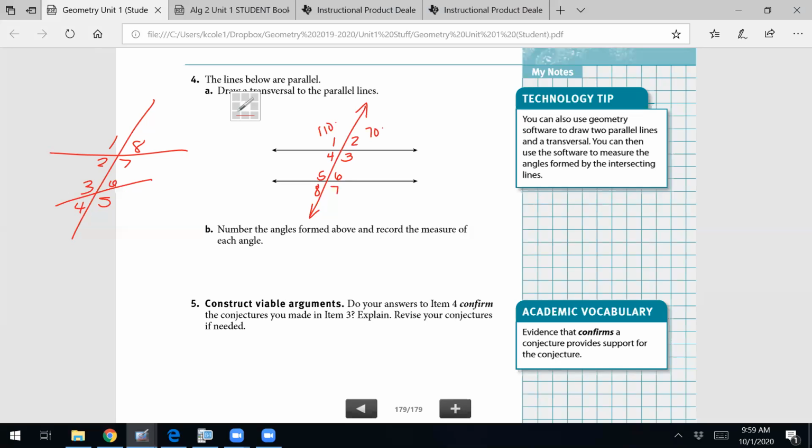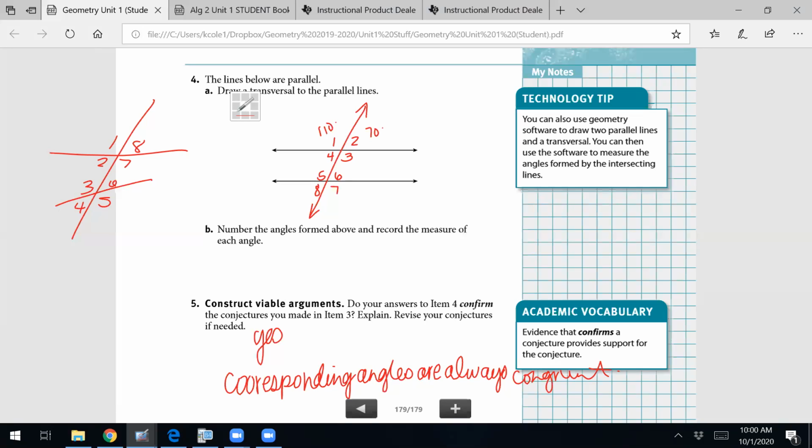Corresponding angles will always be congruent. Same side interior are always supplementary, and alternate interior are always congruent.